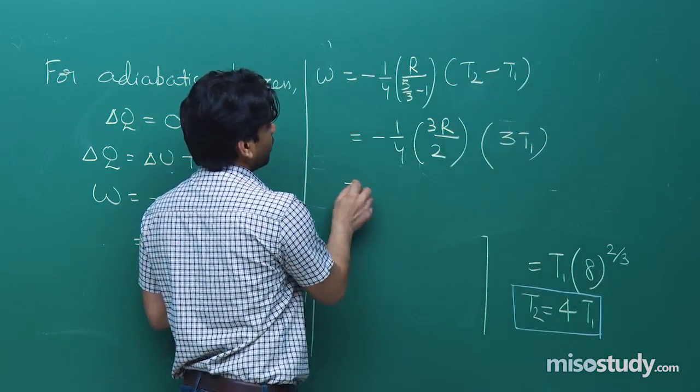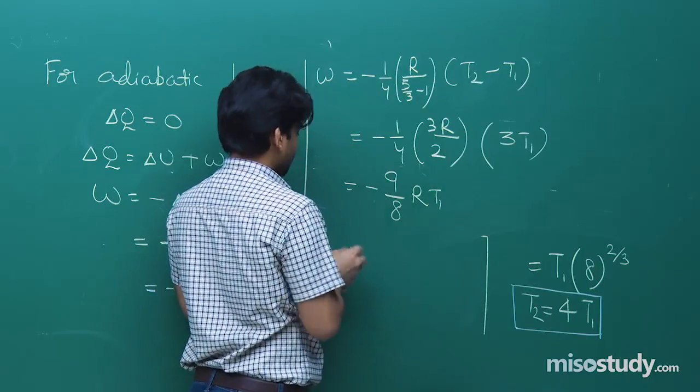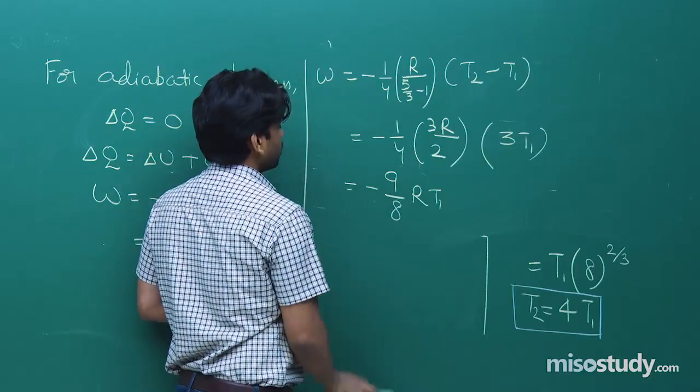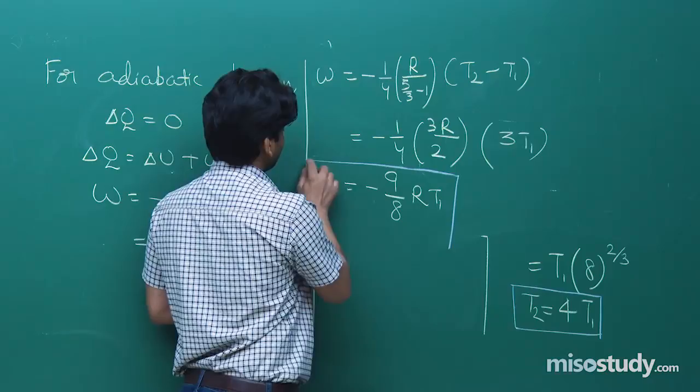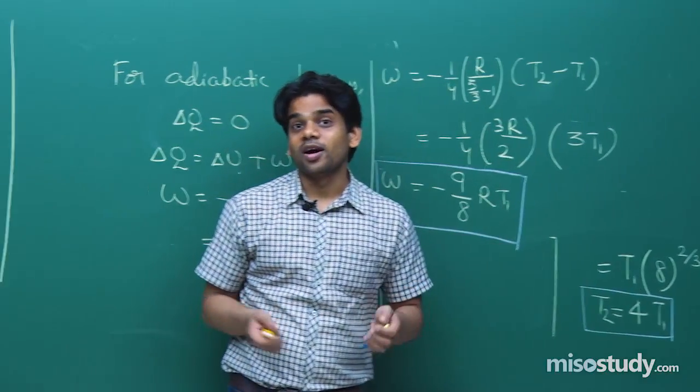Now easily you can evaluate it: minus 9 by 8 RT1. This is the value of W, the work done. The work done turns out to be negative because the gas is compressed.